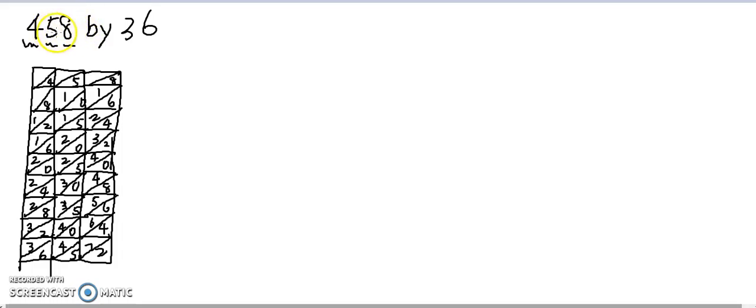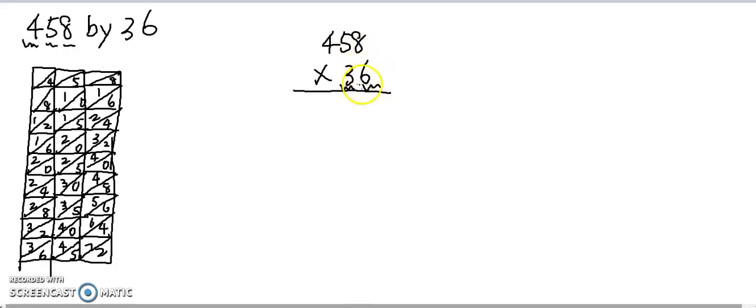Now we can multiply 458 by 36. So first of all, we can take a look at the digit 6, or actually it doesn't matter if you're going to multiply 458 by the digit 6 or digit 3.